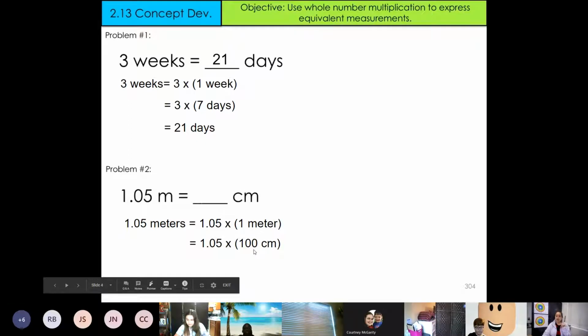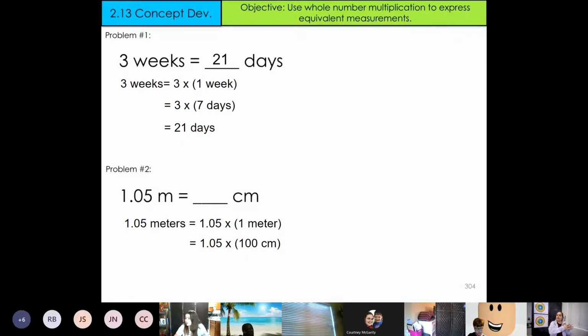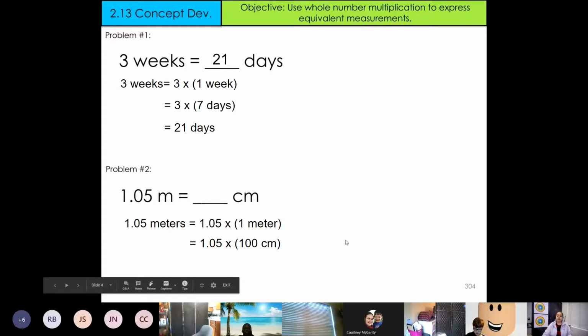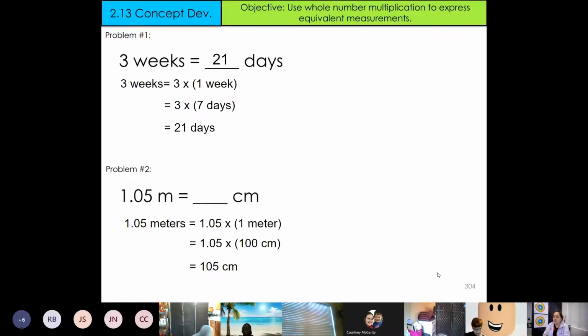Larger, very good. So remember when we had our place value chart and we multiplied, how many spaces are our digits going to shift to the left if we multiply by 100? 2, because we have 2 zeros, right? So 2 numbers will move to the left, so I get 105 centimeters. Do you see how we did that mentally?